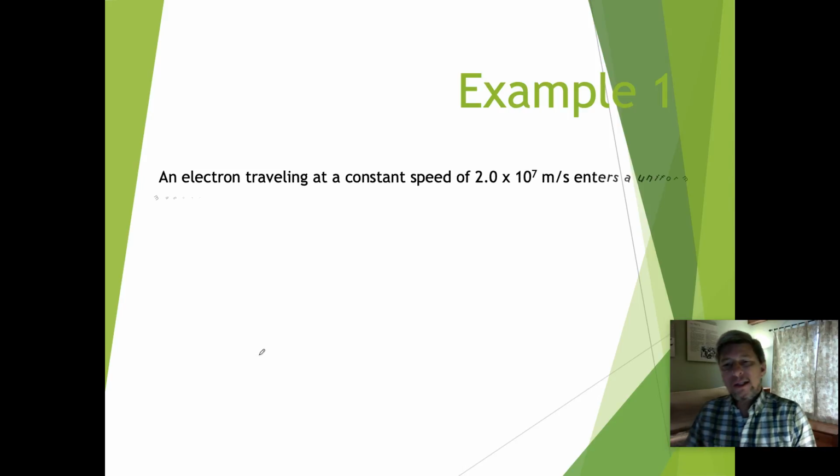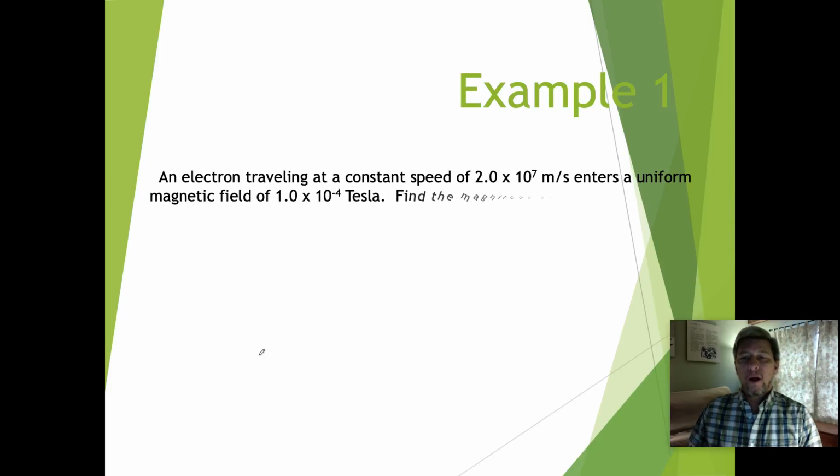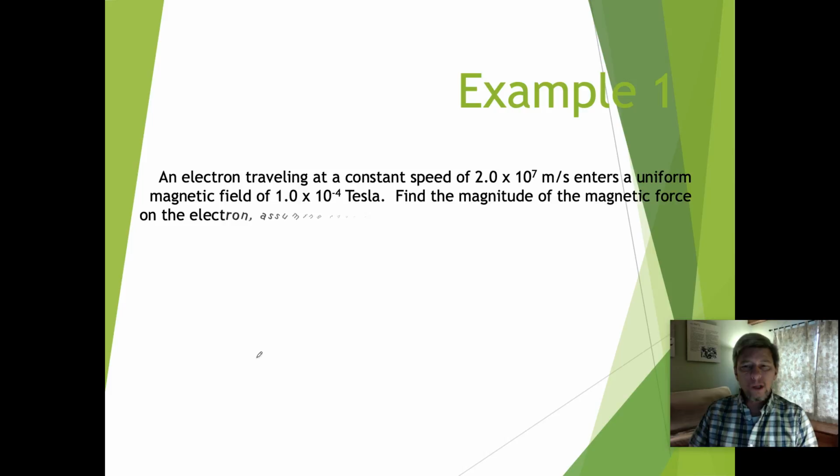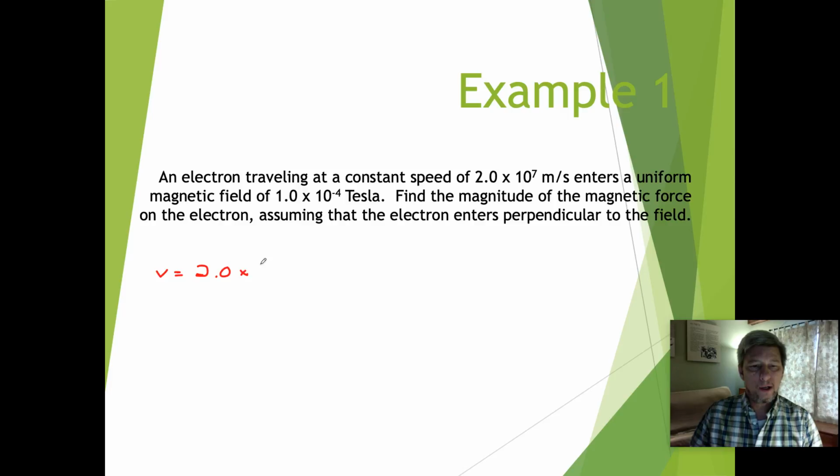But let's say we have an electron traveling at a constant speed of 2.0 times 10 to the 7th meters per second, and it enters a uniform magnetic field of 1.0 times 10 to the negative 4th Tesla. Well, we have then the velocity of 2.0 times 10 to the 7th.